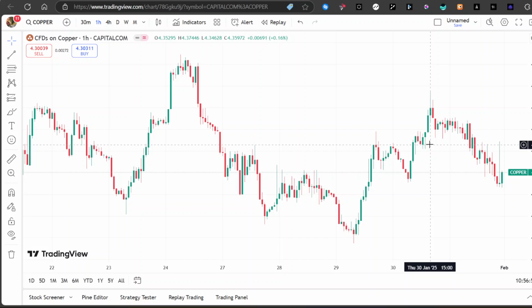On the other hand, disruptions in supply, be it from mining issues or geopolitical tensions, can lead to notable price shifts. By keeping an eye on these macroeconomic indicators, traders can better position themselves in the market.